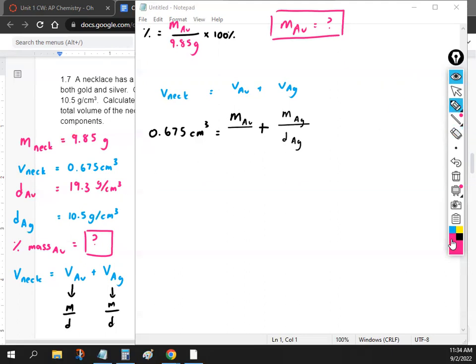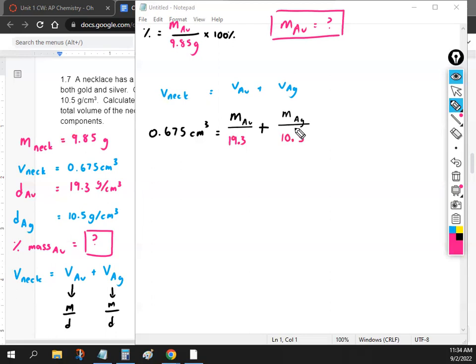So we can actually replace this right here with 19.3. Okay, what's the density of silver? Yeah, 10.5. So we can replace this with 10.5. Okay, perfect. We got rid of most of the variables now. The only thing that we have left is the mass of silver. We don't have a number for that.